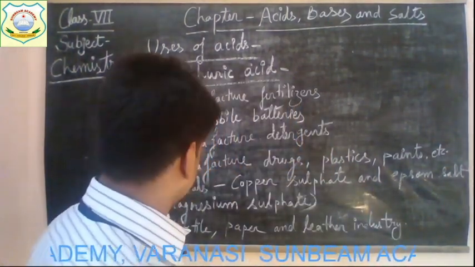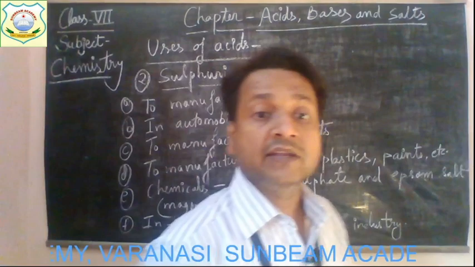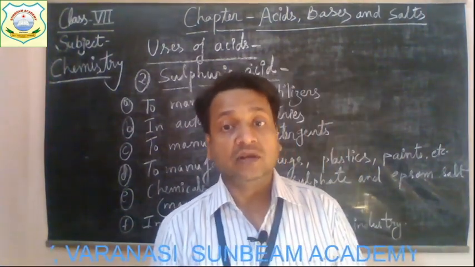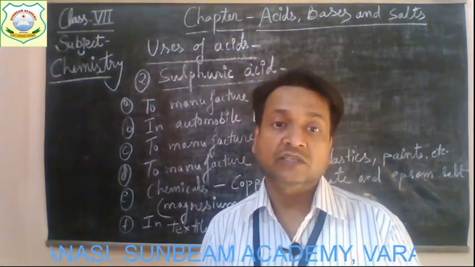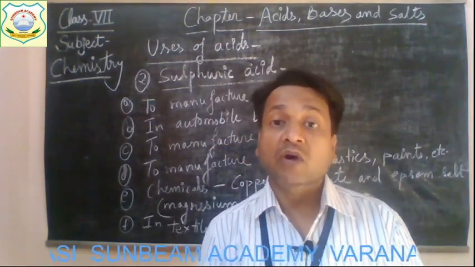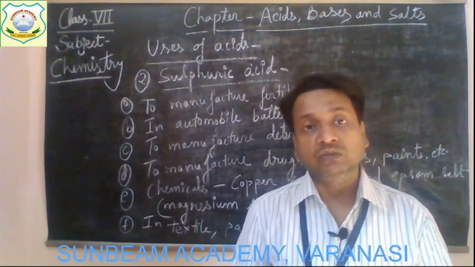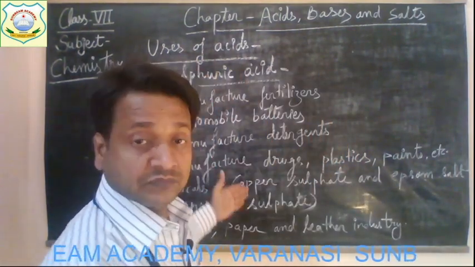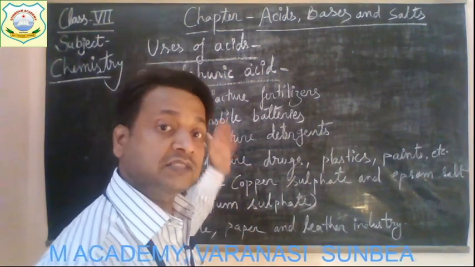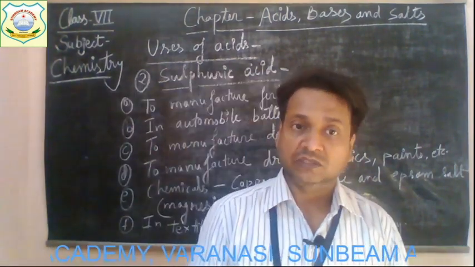Got it, children? In these industries where textiles, cloths, paper and leather are made, sulfuric acid is an important substance which is used. So these are all the industries where sulfuric acid is used.